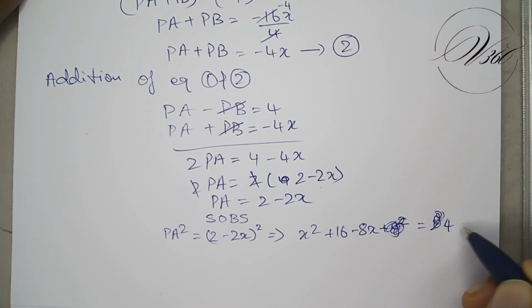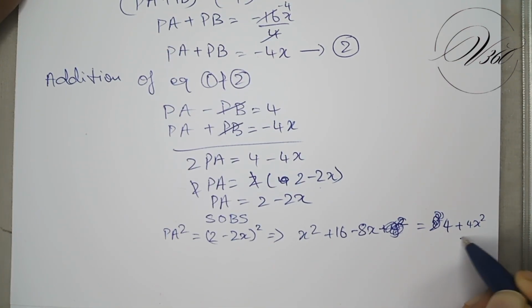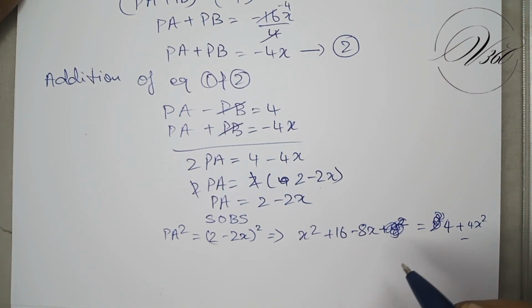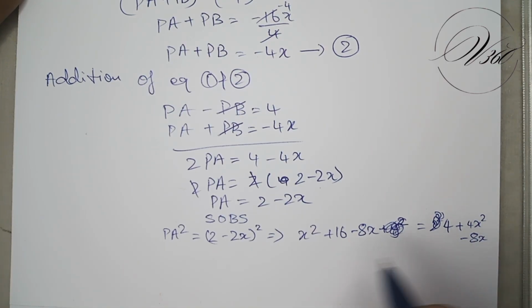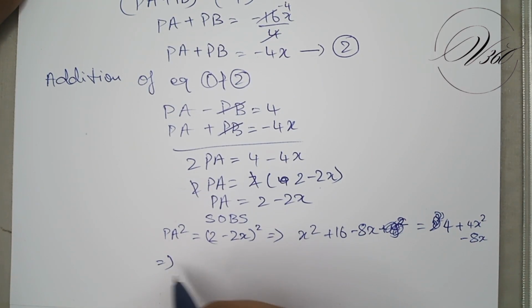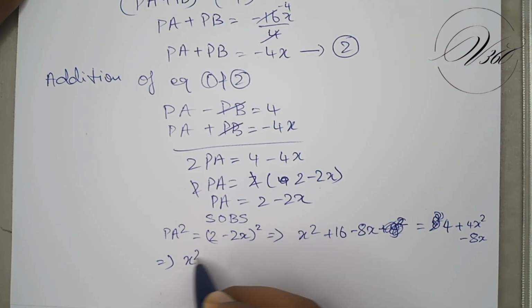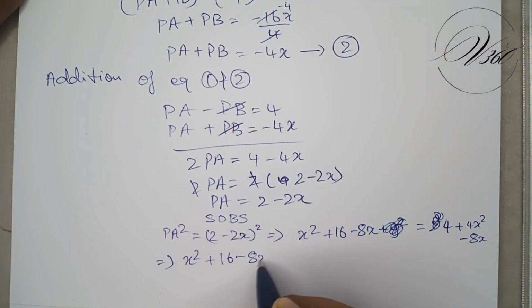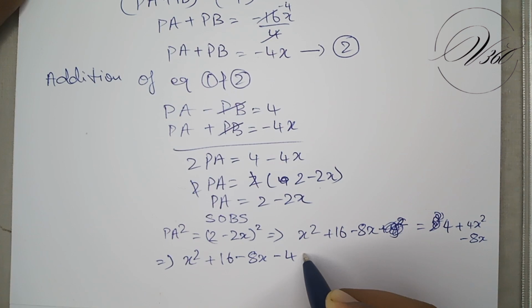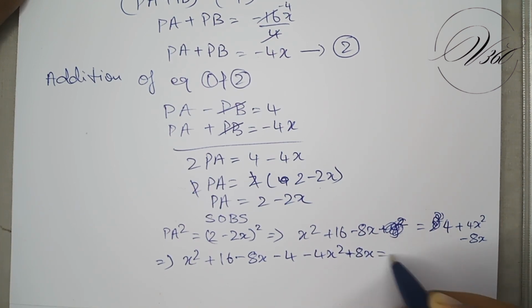I will write directly 4 plus 4x square minus 2 of 2x, no, 2 of 4x means 8x, right? Now here I will take all the values this side. x square plus 16 minus 8x minus 4 minus 4x square plus 8x, right, which is equal to 0.